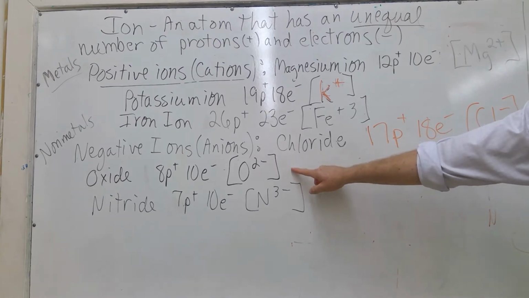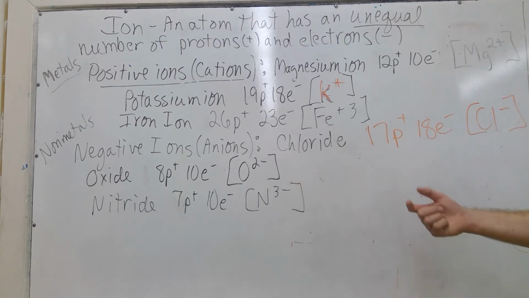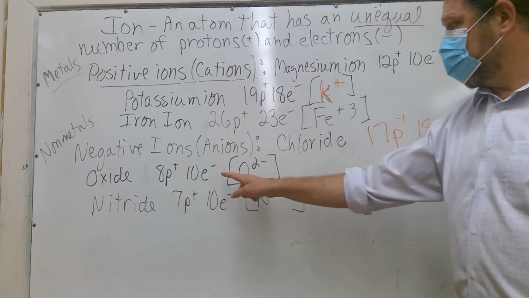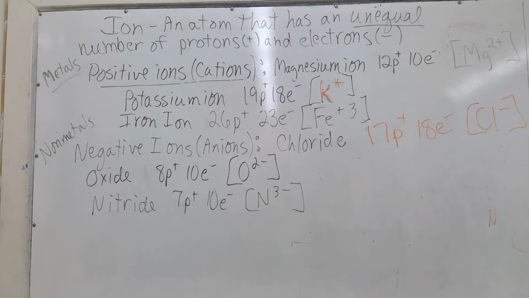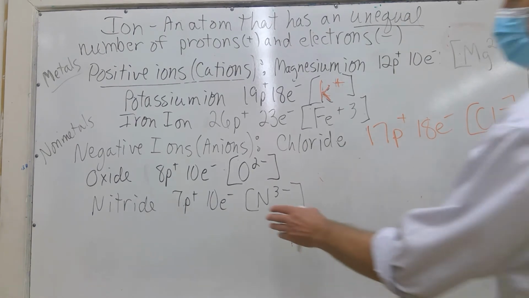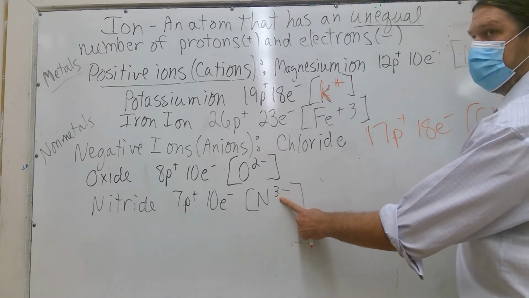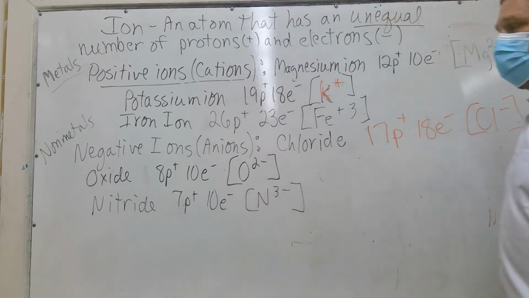Oxygen, which is element number 8, normally would have 8 protons and 8 electrons, takes on 2 more electrons, for a total of 10 electrons. Nitrogen, element 7, takes on 3 more electrons for a total of 10 and becomes nitride.